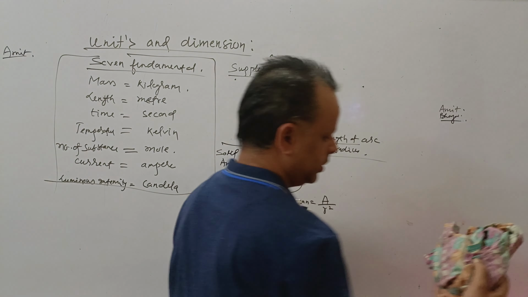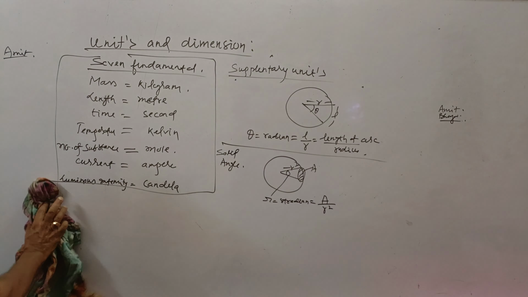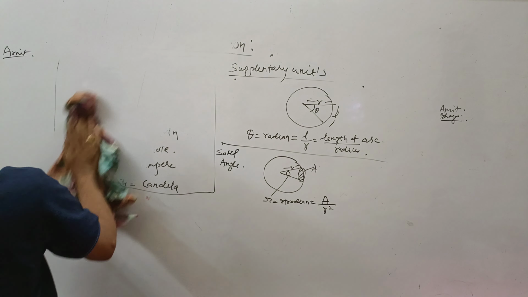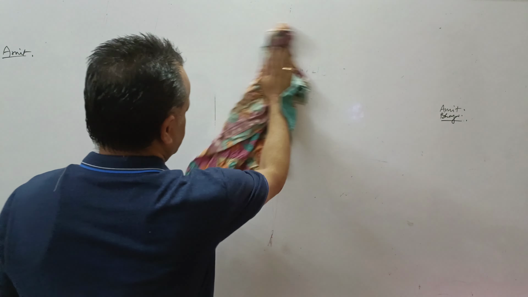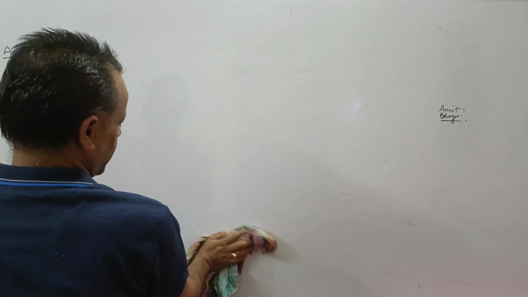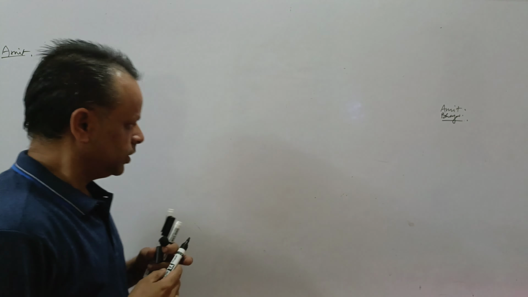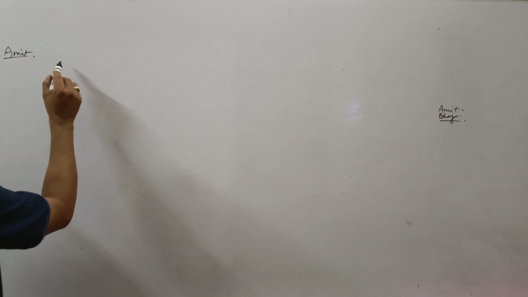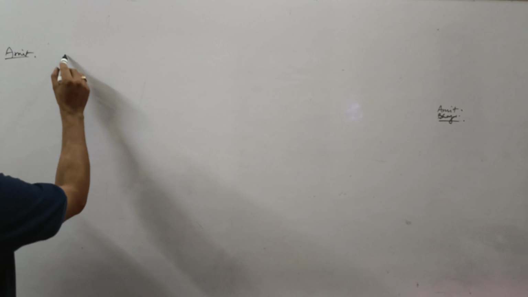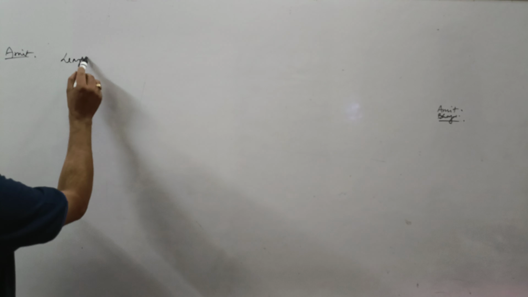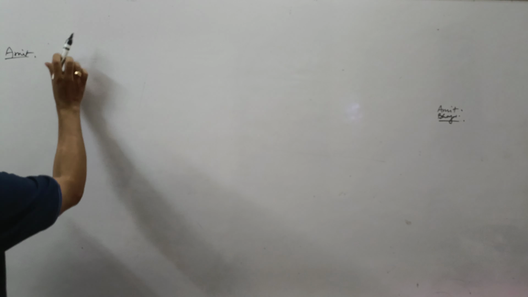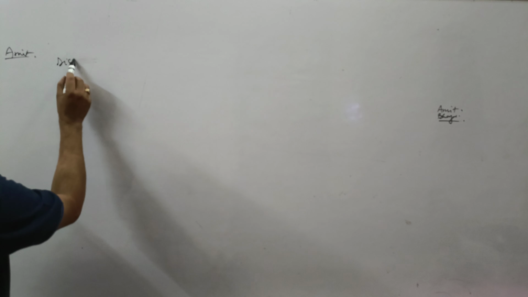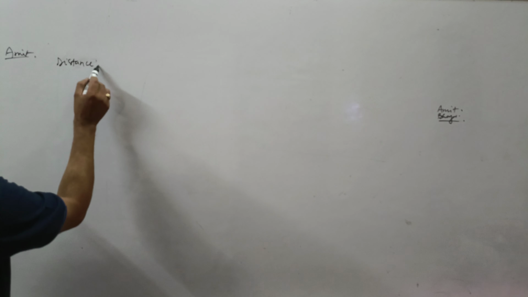See, then we have numerous derived units. These are fundamental units, and there are other units which are derived using these fundamental units. They are derived units. We will study first length. Unit of length. What is length? Or we will go for distance. What is distance?